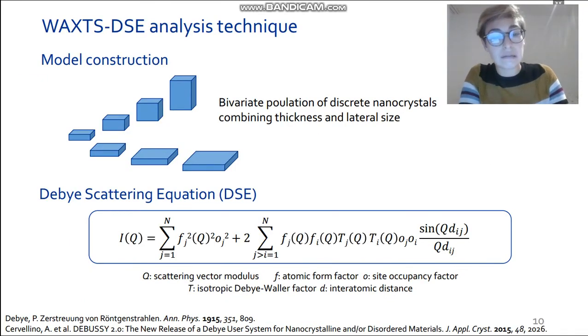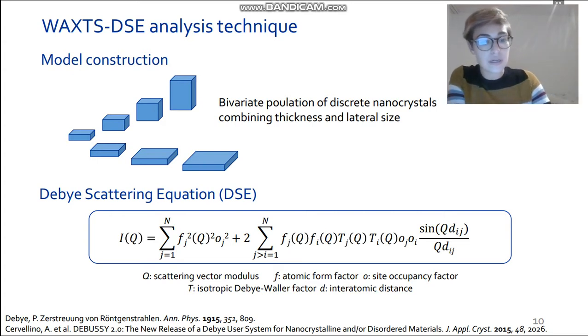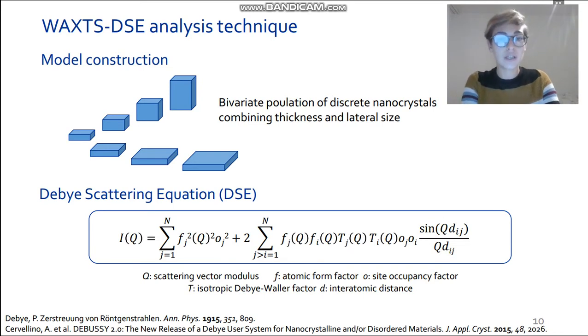Within the DSE-based approach, atomistic models of nanocrystals are built, from which the interatomic distances are computed and used to calculate the Debye scattering equation. In particular, we developed the nanoplatelets model by stacking monolayers of tilted octahedra, and we created a bivariate population of nanoplatelets grown along two independent directions, one parallel to the nanoplatelet's thickness and the second one perpendicular to the basal planes.